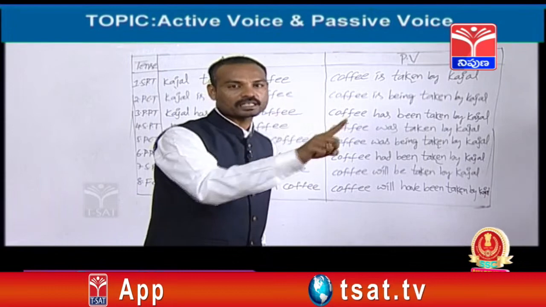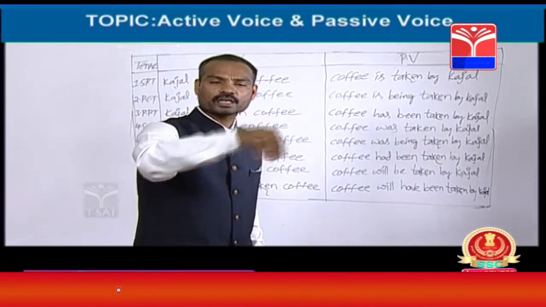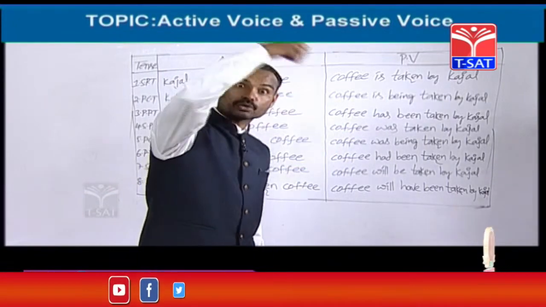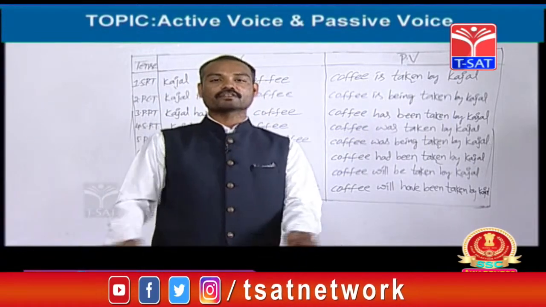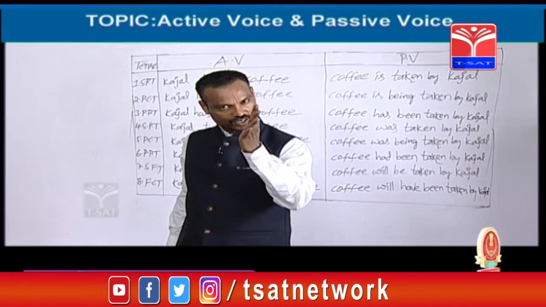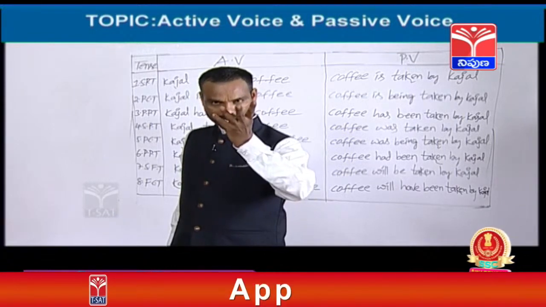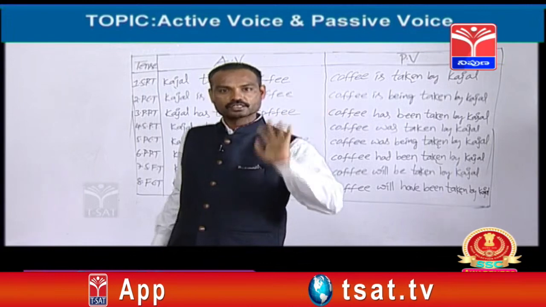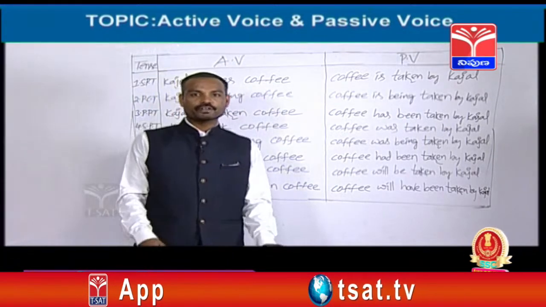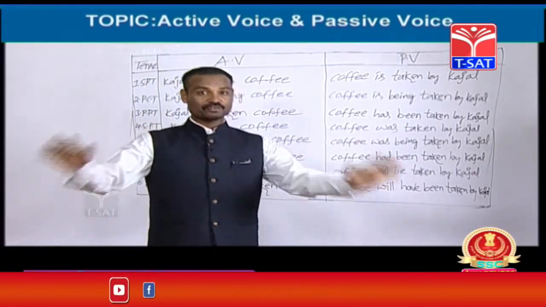A cell phone had been broken by Prabhakar, or Prabhakar had broken 1000 cell phones. 1000 cell phones had been broken by Prabhakar. What is there, friends? In past perfect tense, you cannot find out any changes, whether the active voice contains a singular object or plural object. Friends, okay, did you understand about past perfect tense? I hope you understood very well.